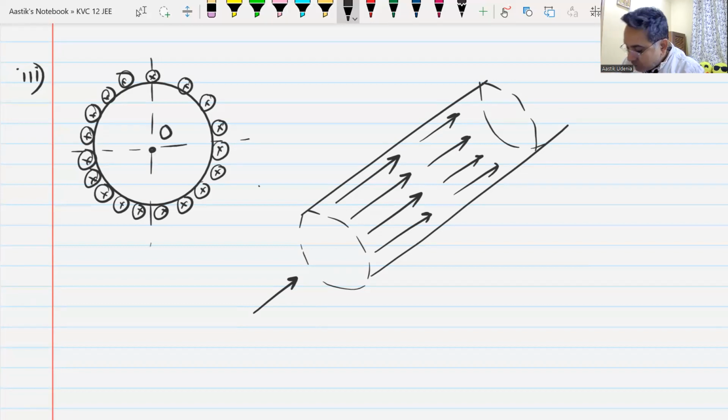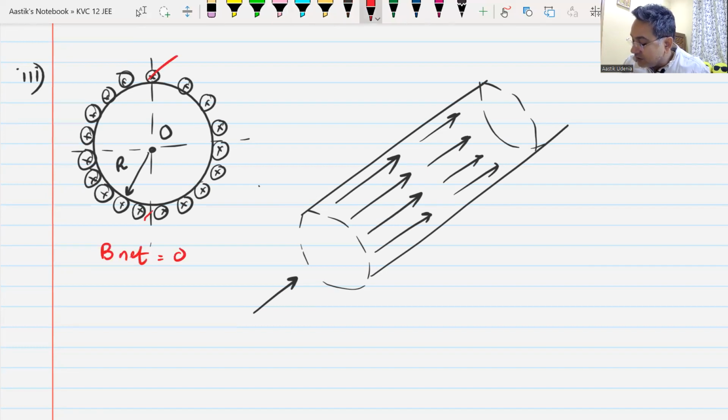What will be the magnetic field at the center O if the radius is R? And the answer would be 0, because everything will cancel out each other, yes or no?